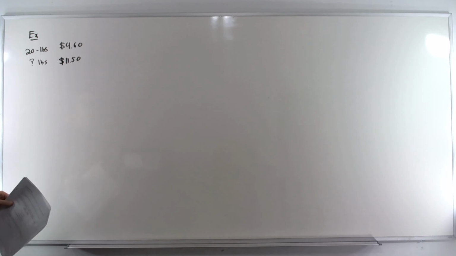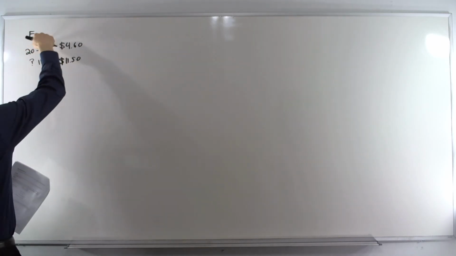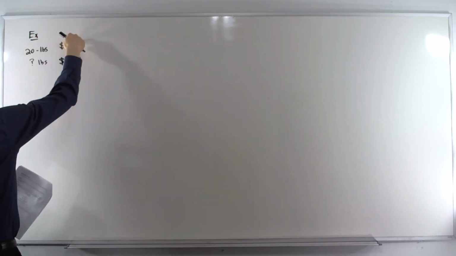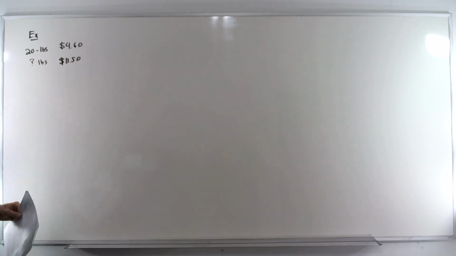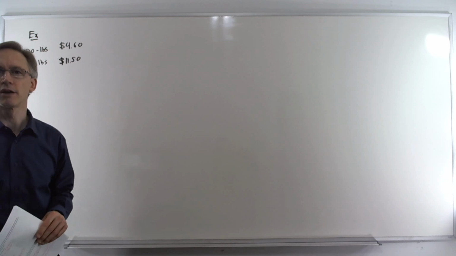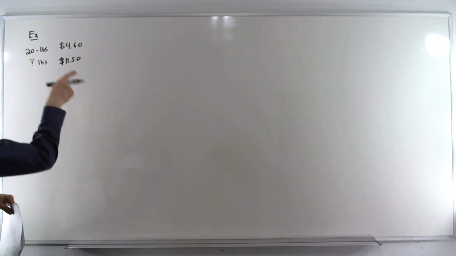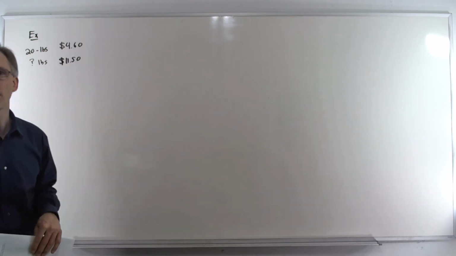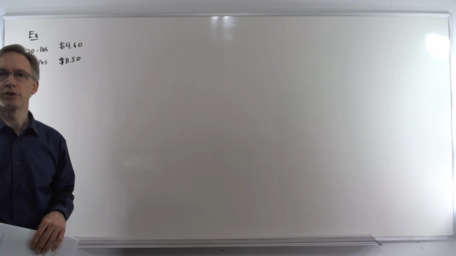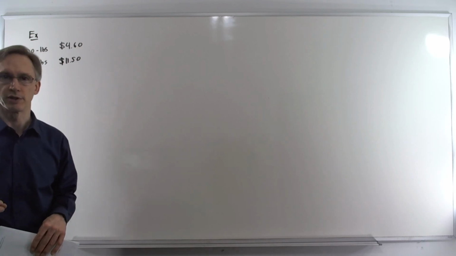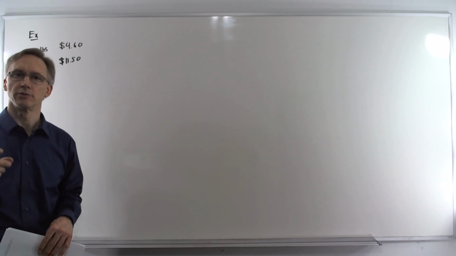All right, so there's our 4 values. We've got 20 pounds associated with $4.60. We don't know the other weight, and that's going to be $11.50. So we're going to set up and solve a proportion with these 4 quantities. Now, when you set up the proportion, when working with word problems, make sure that you include the units when writing out the proportion. It's absolutely essential to include the units.